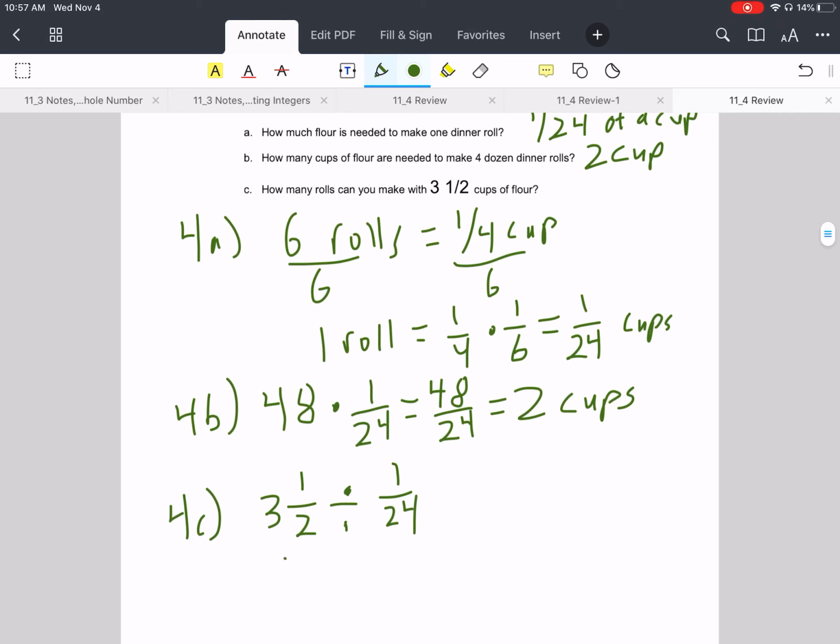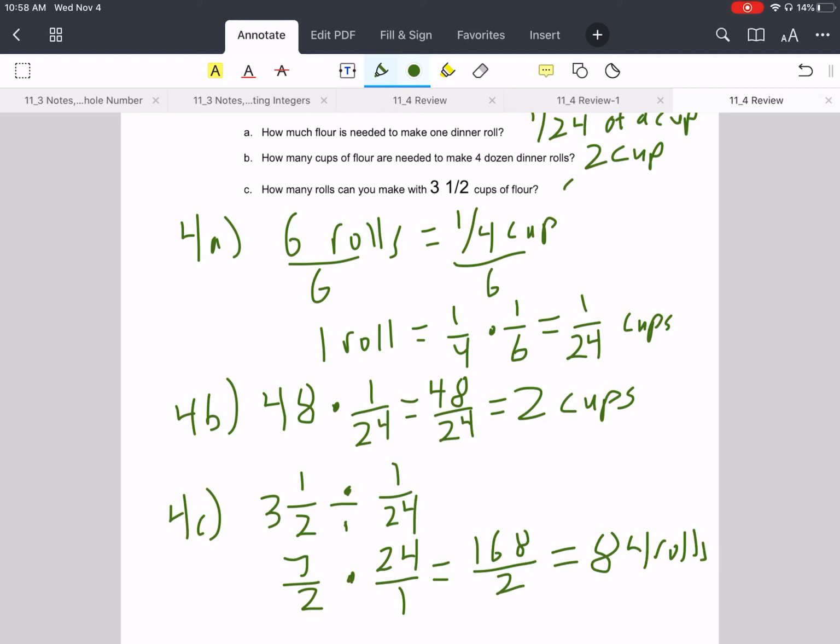So that turns into 7 over 2 times 24 over 1, because when we're dividing fractions, we flip the second fraction and multiply. That will get us a total of 168 over 2, which simplifies to 84 rolls. So 84 rolls for 3.5 cups of flour.